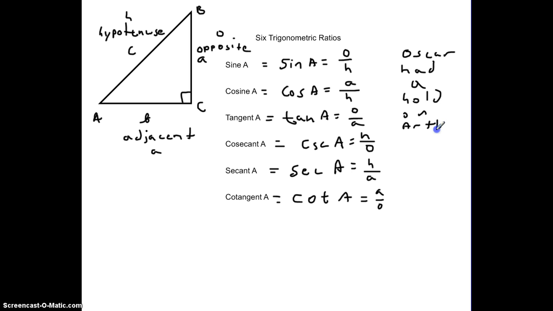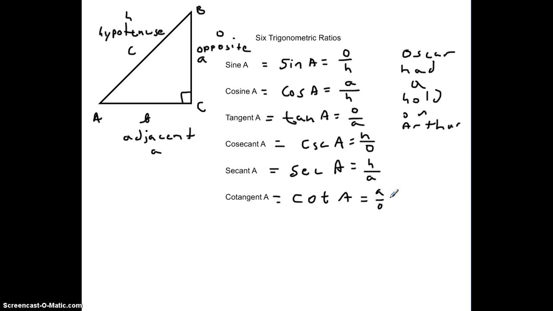So the mnemonic Oscar had a hold on Arthur would be opposite over hypotenuse for sine, adjacent over hypotenuse for cosine, opposite over adjacent would give us the tangent.